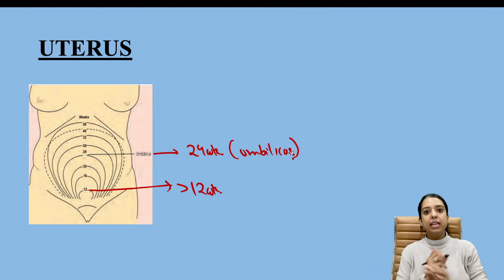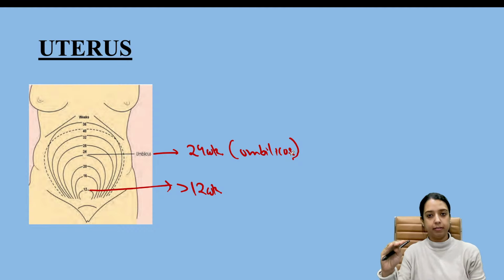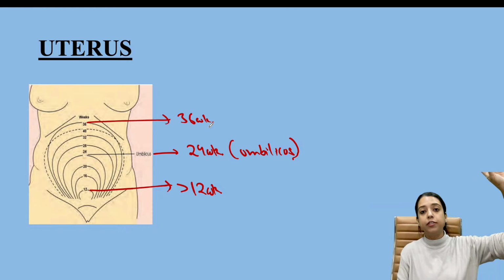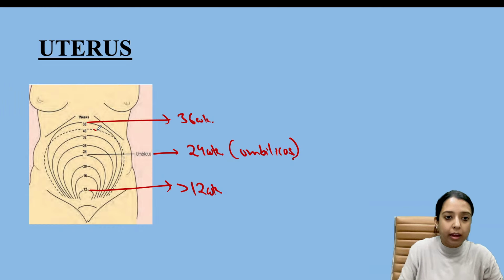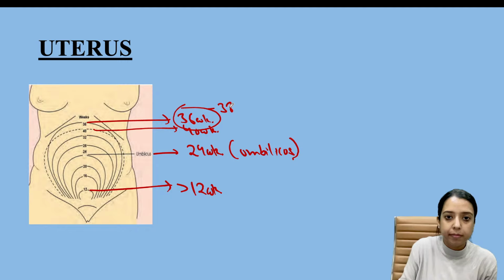The recent guideline says that at 24 weeks, it is up to the umbilicus. It is at the highest point, the xiphisternum, at 36 weeks. At 40 weeks, it comes down again to a lower level. So it is at the highest level at 36 to 38 weeks.